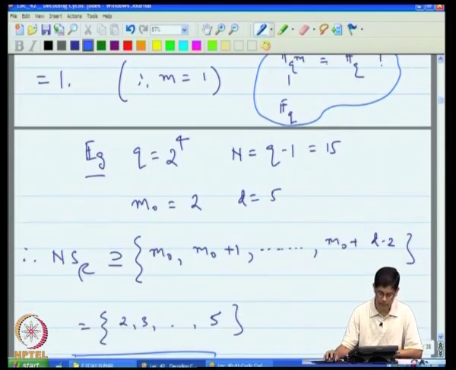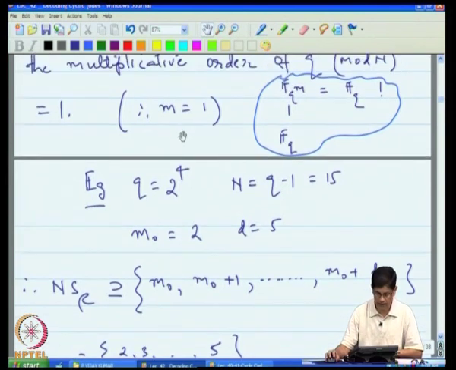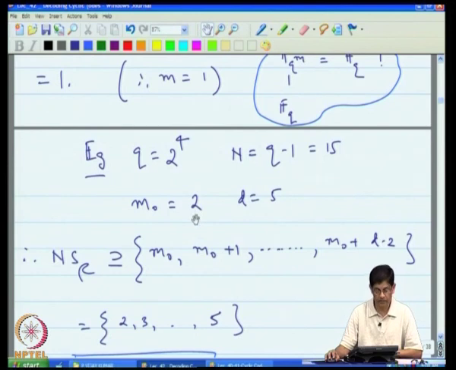So here is an example. Supposing q is 2 to the 4, n is 15, then we know that m is 1. Now I am going to fix the parameter m0 to be 2 and d to be 5.